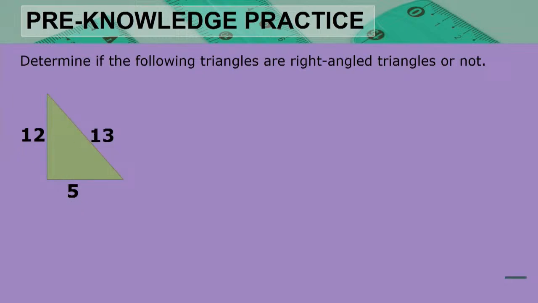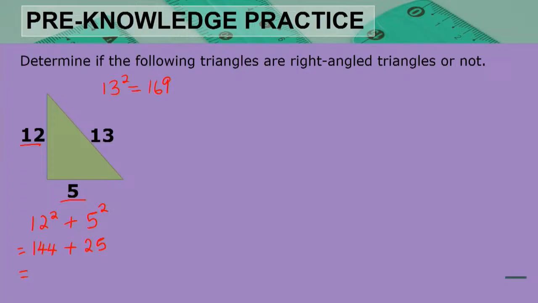Now we are looking at 13, and if we square 13, that is going to give us 169. So we now need to see if the sum of the squares of these two sides is also equal to 169. So let's calculate that quickly. 12 squared plus 5 squared. We know that 12 squared, which is 12 times 12, is 144, and 5 squared is 5 times 5, which is 25.